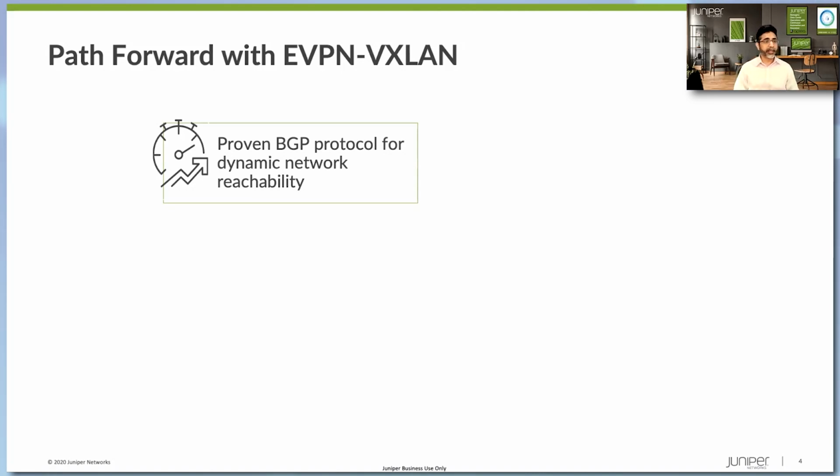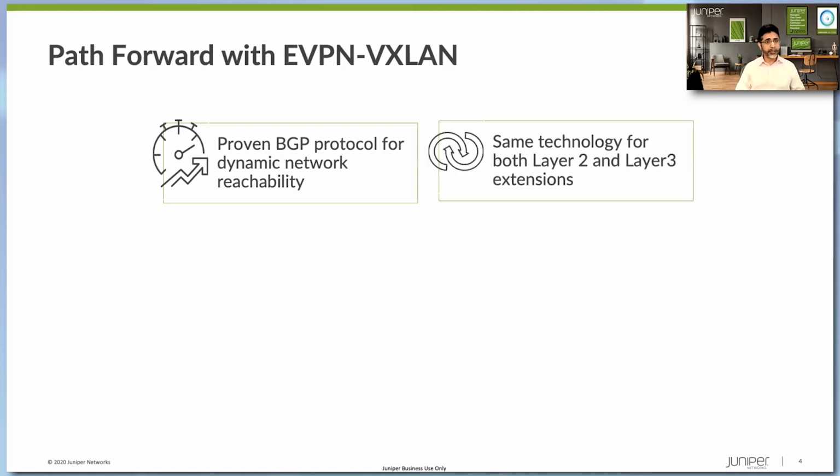It can carry large scale, like internet scale, or even bigger in some service provider networks. So it is scalable, and it will meet your scalability needs. While BGP is doing it, we also talked about being able to do layer 2 and layer 3 extensions. EVPN is able to offer you both L2 and L3 extensions using the same EVPN-VXLAN technology.